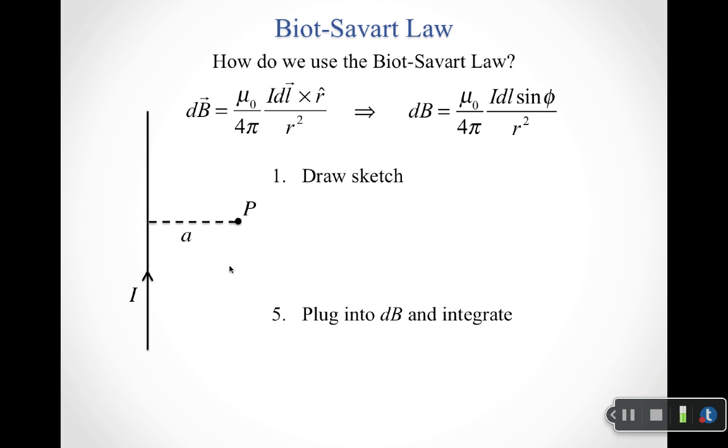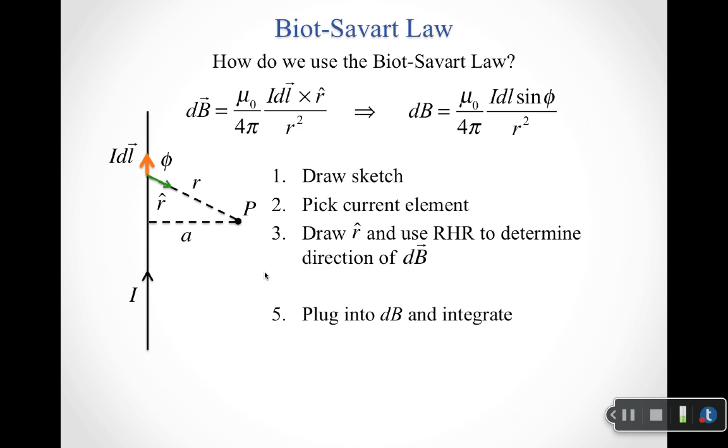So we're going to do what we always do: draw a sketch, pick a current element, draw in r hat, and use a right-hand rule to determine the direction of dB. In this case, our right-hand rule tells us that our little contribution to the magnetic field is going to point into the page.